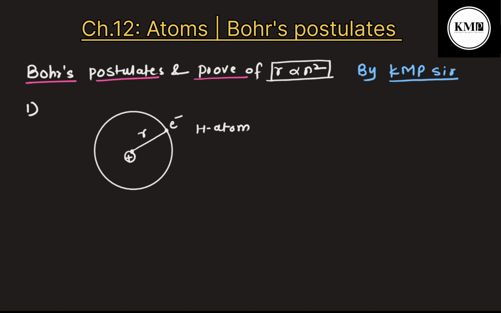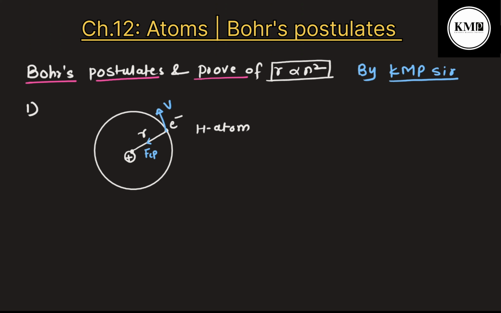Now when the electron is revolving around the nucleus, one force is acting towards the center, and that is what? Centripetal force. And the electron is moving with tangential velocity, which is v. So as per Bohr's first postulate, an electron in an atom could revolve in a stable orbit without emission of any radiant energy.